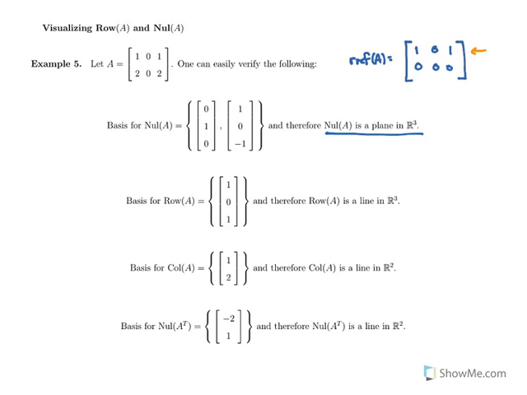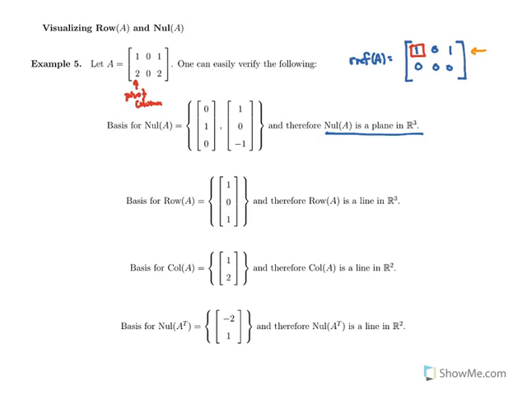It's a subspace of R3, and it is a line. The column space of A is going to correspond to the pivots of A, in which there is 1, and we look at the corresponding pivot column in the original matrix A, 1, 2. That means it's going to be a subspace of R2, and that's going to be a line in R2.